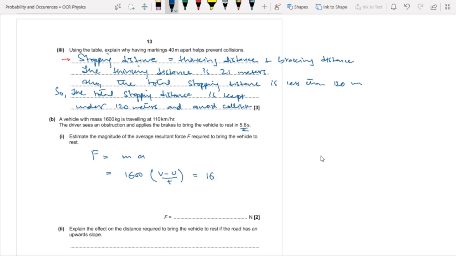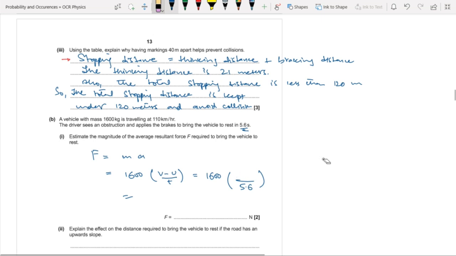Plugging in the values, 1600. Final velocity is 0 minus the initial velocity, 110, so 110 over 5.6. In fact, we should mention the speed in meters per second.